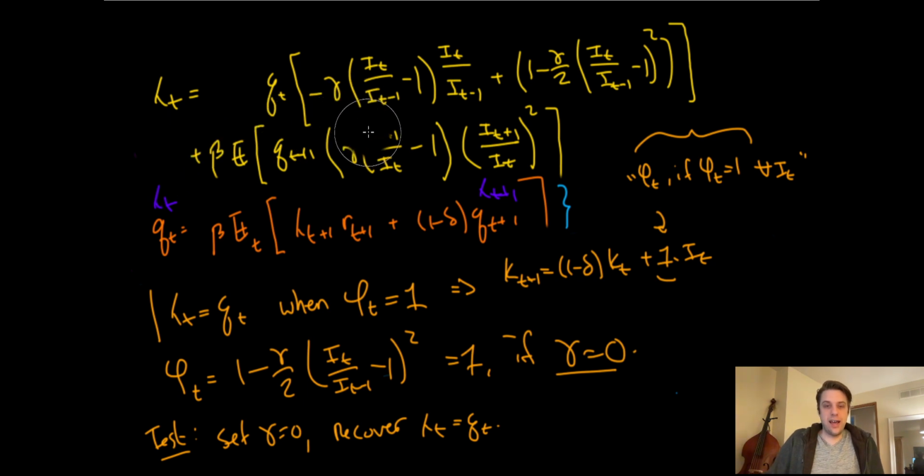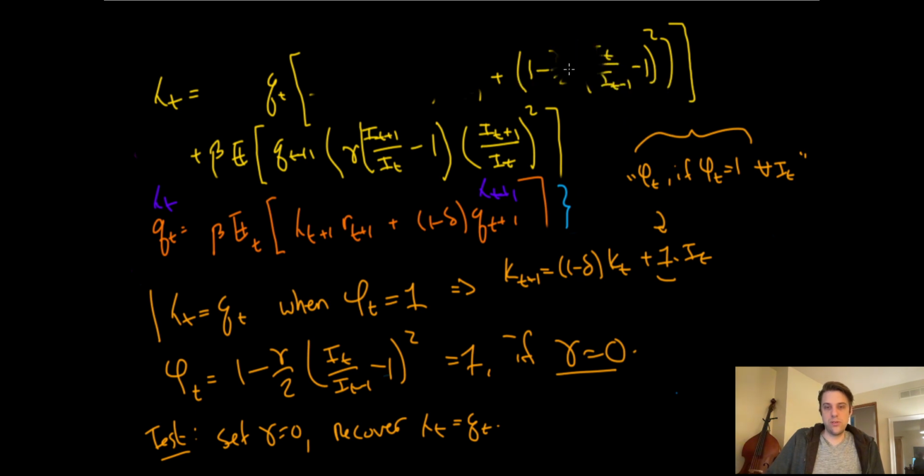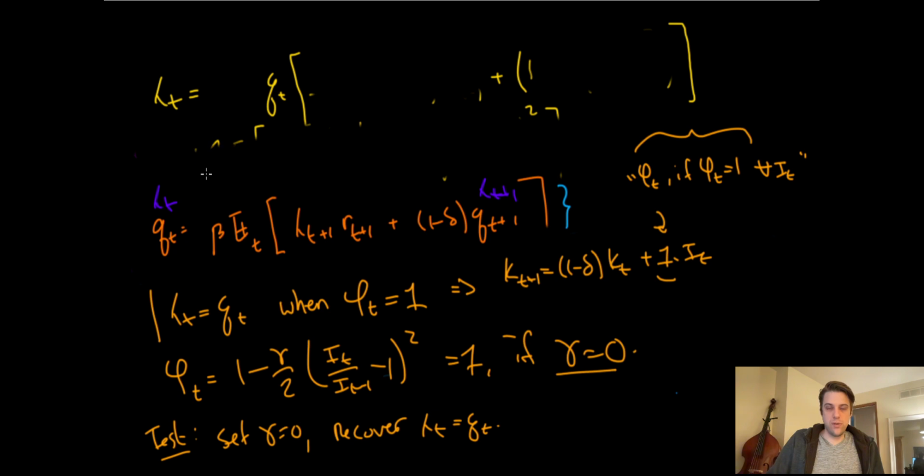We should be able to set it over it minus 1 equal to 1, and then we should get just lambda ss equals qss. And so we do it again. This is 1 minus 1 is 0, so this goes away. We have 1 minus 1 is 0, so this goes away. And we have 1 minus 1 is 0, so all this goes away. So we have exactly the same game. We're left with just this 1. Here, we change this to the steady state. And we get that lambda ss equals qss.